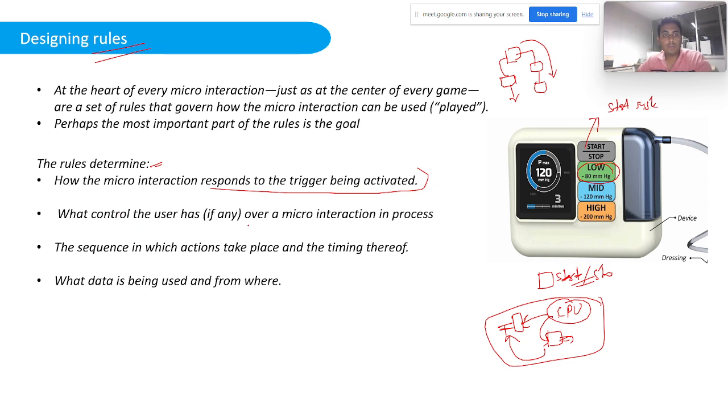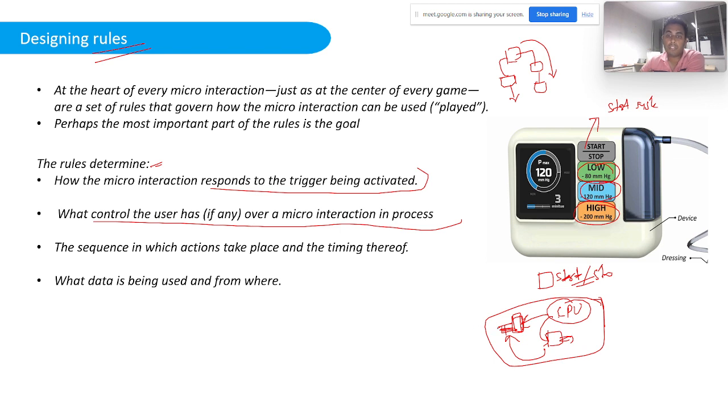Again, what controls does the user have over a micro interaction in the process? When you are designing the rules, you need to also see what controls you have provided to the user. So now when you have set the rules for the start button, you have also provided the controls for changing the value at which this particular motor will be running.